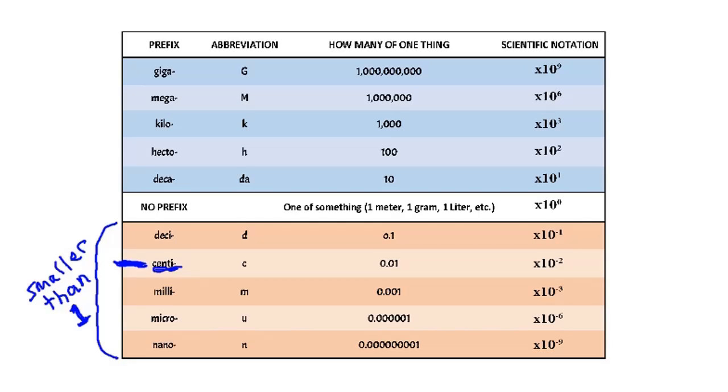So we need 100 centimeters to make a meter. Up here, I have all of these on the top because these are the bigger ones, bigger than 1. So kilo means 1,000. It's going to take 1,000 meters to get 1 kilometer, or 1,000 grams to get 1 kilogram.